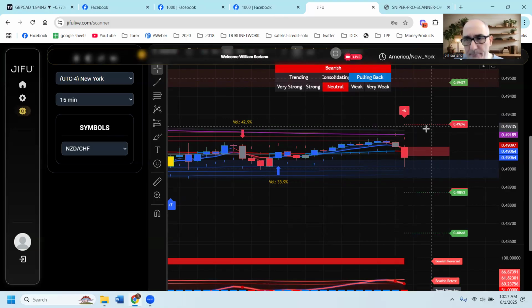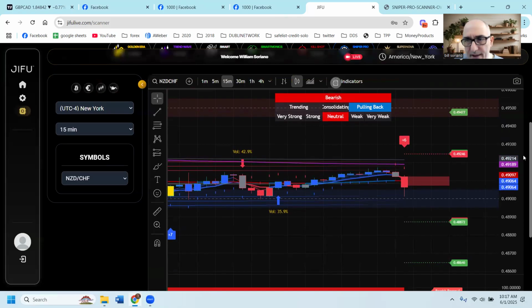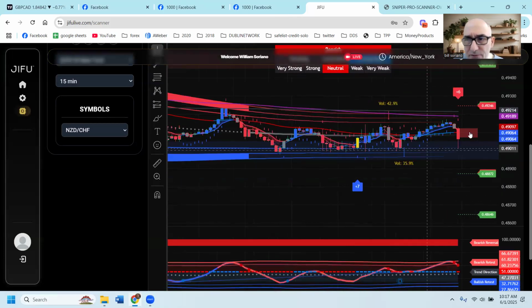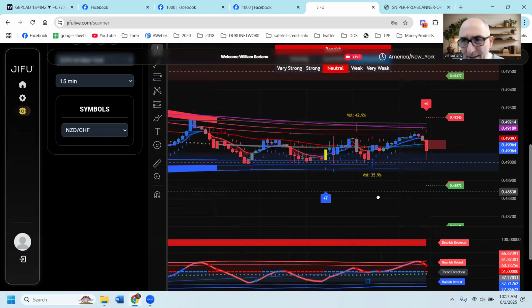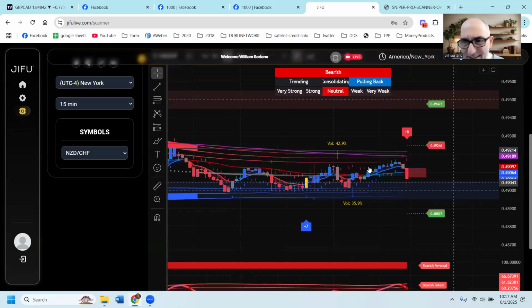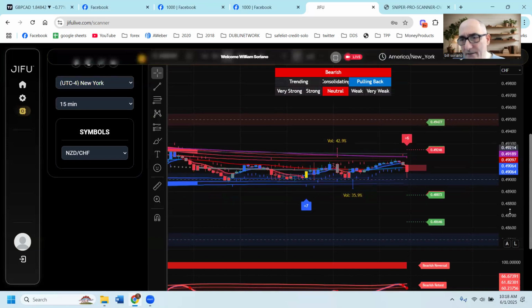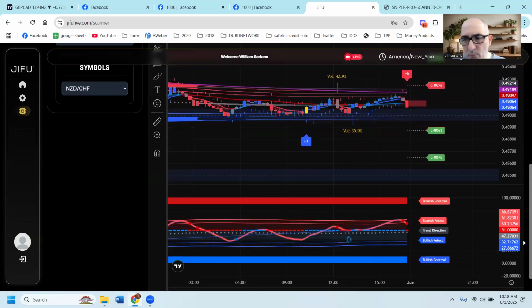It's kind of overlapping, but we could see that price did come back into that. Price really never comes back to that second line, right? It doesn't get inside of that second line here, guys. So again, this isn't a trade that I would really want to watch.